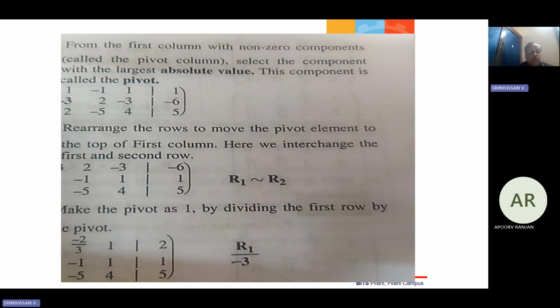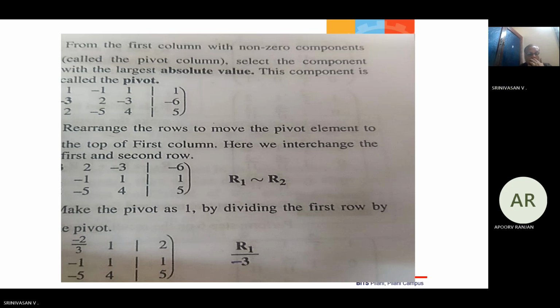Isn't it? And that is 2 actually. Yes. Minus 2 by 3. Last element, first row, first column. I will make necessary corrections and then upload in the Teams for your proper reference. Okay. So this becomes minus 2 by 3.